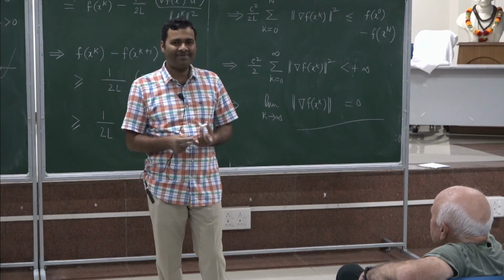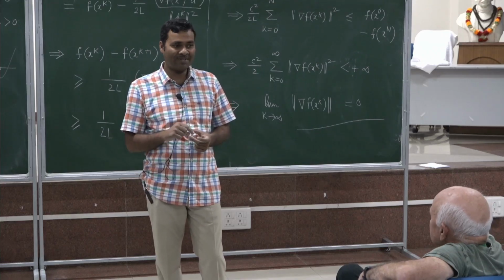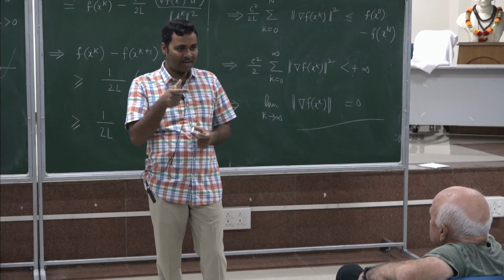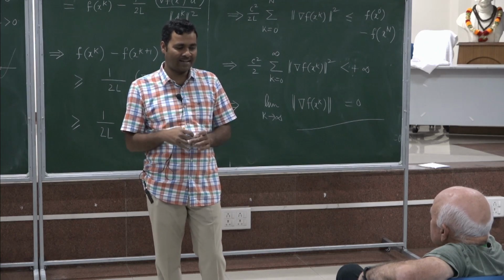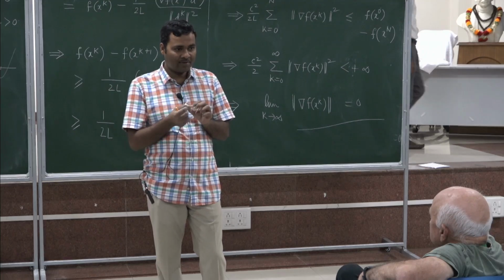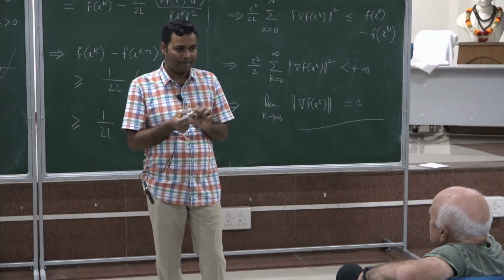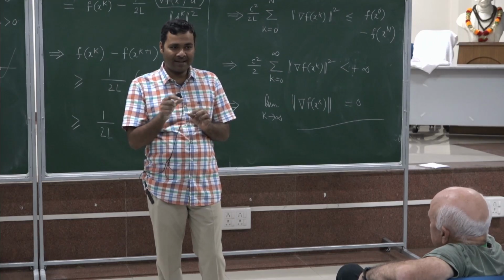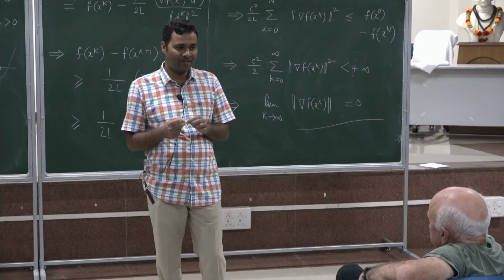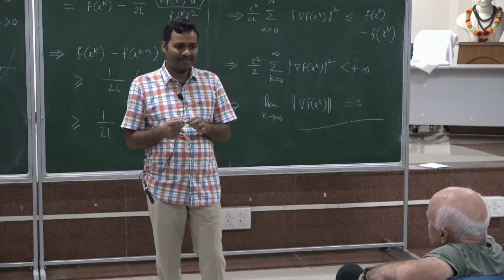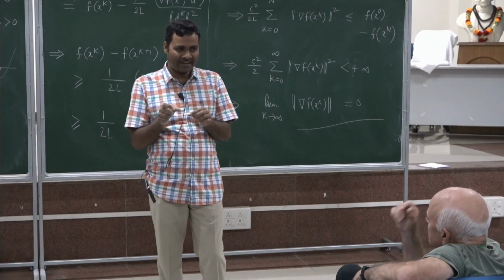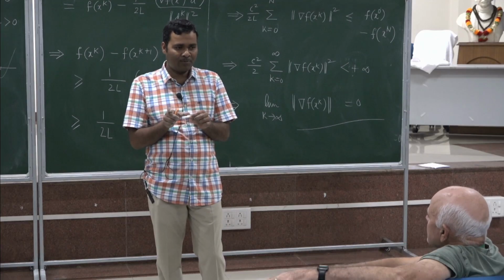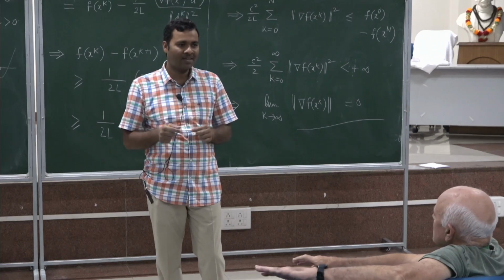Yes, you are right, but there is a problem. If I normalize d_k so that the norm of d_k is equal to 1, then accordingly alpha_k will get changed, and I may not have the summation of alpha_k equal to infinity. If I scale d_k, then accordingly alpha_k will blow up or squeeze.